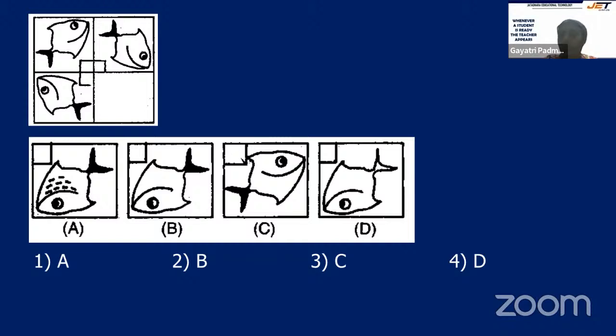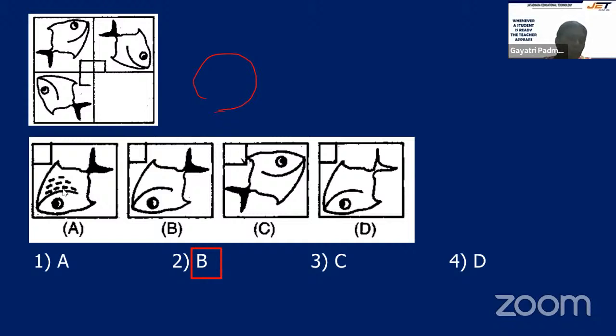So it is moving clockwise, isn't it? See, it is moving clockwise. So the next one should face here only. All right, so your time is up. So it should be option B because only this fish is facing the clockwise direction.